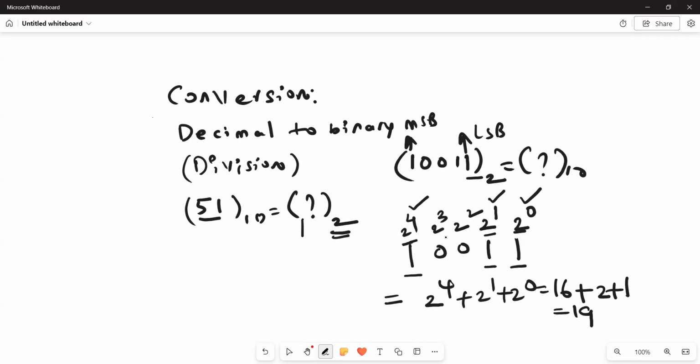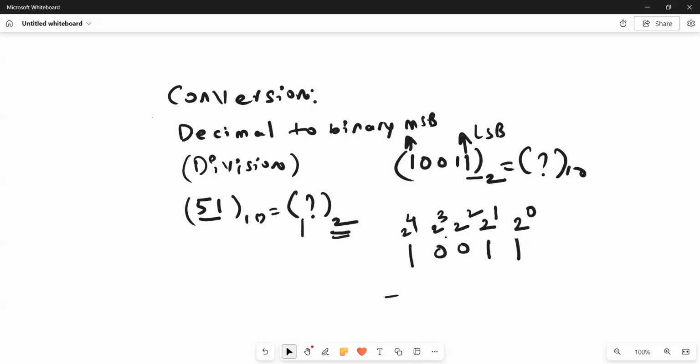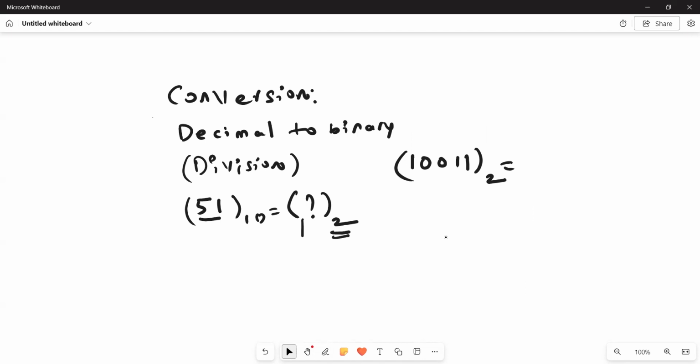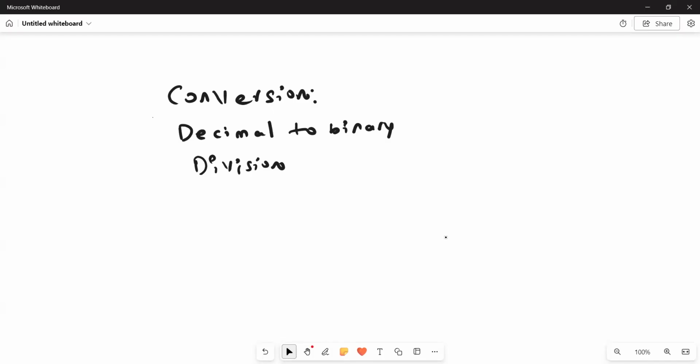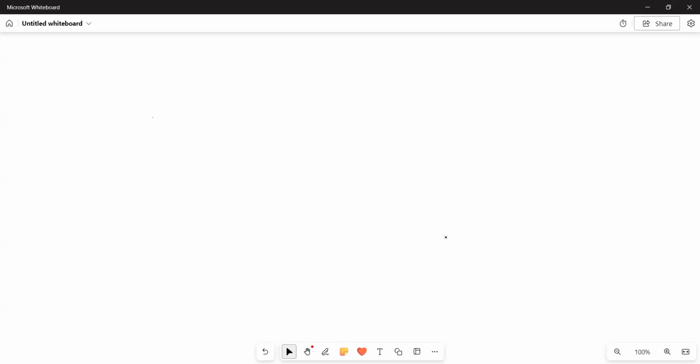Next conversion is binary to octal. I'll divide the board into two parts so that it will be clear to you.